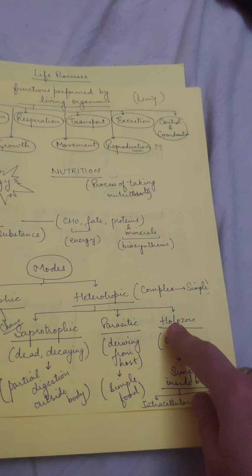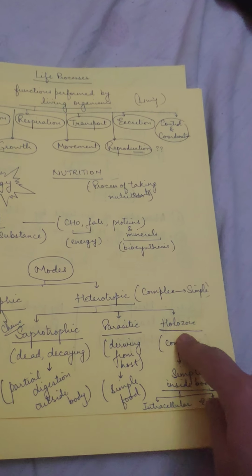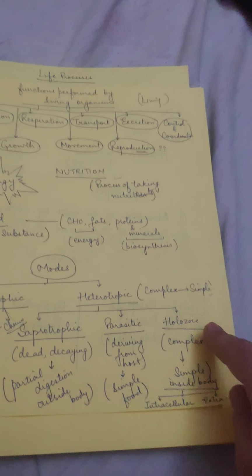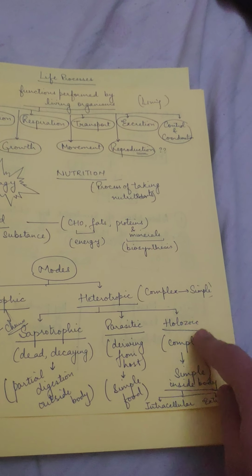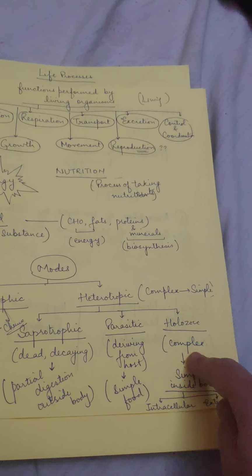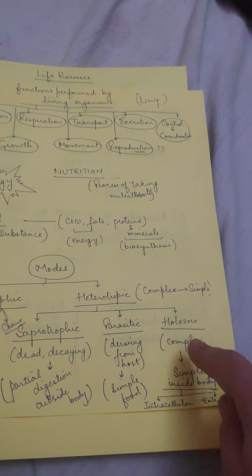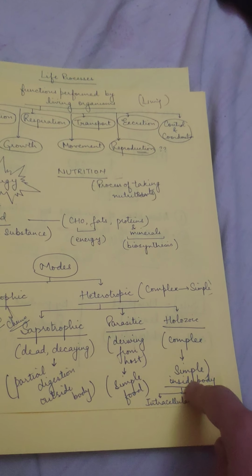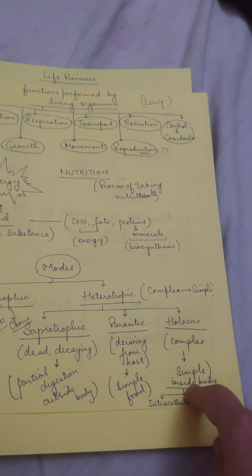Then coming to the third and most important category of heterotrophic nutrition, holozoic nutrition. Holozoic organisms take complex food, and by different steps they break this complex food into simple food inside their body.